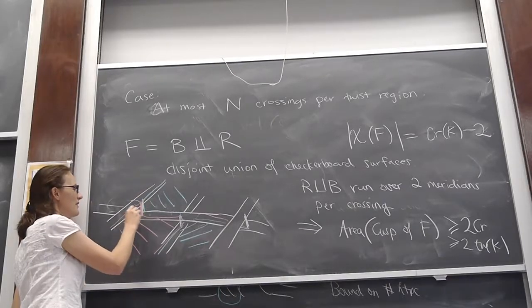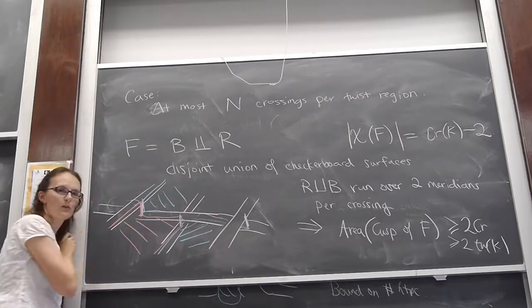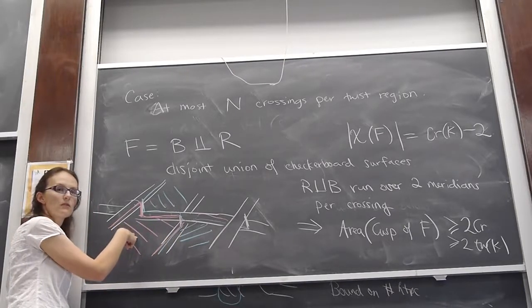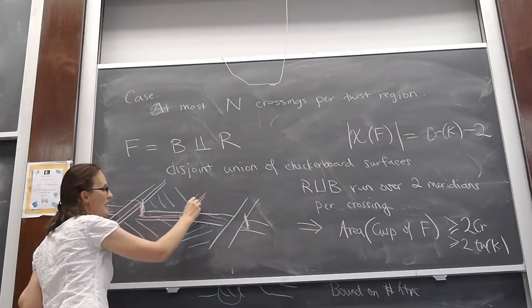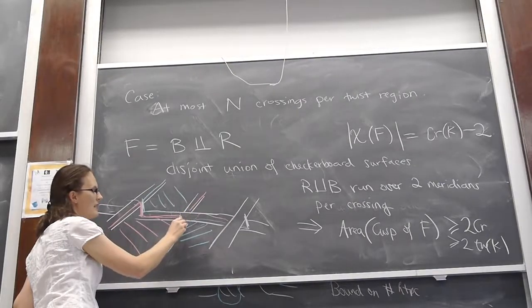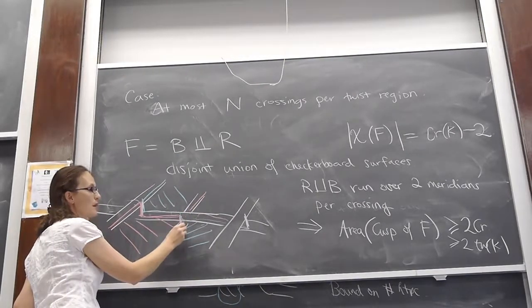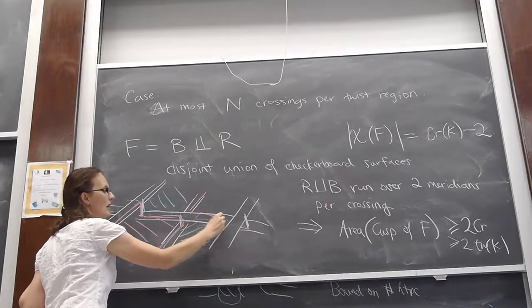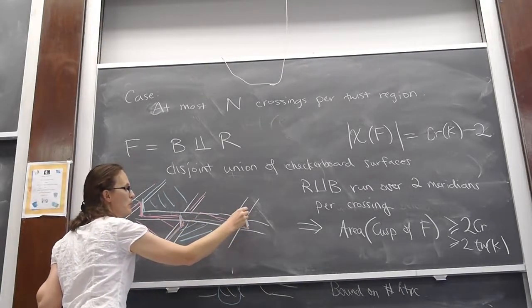The way that you build a checkerboard surface is first you take a disk and you fill in the regions. So there's going to be one over here, and then the red is going to have another one on this side, right? And it's going to meet up here, and it's going to be a twisted disk, and then it's going to go around the back, like so, and connect like so, and then up and around that way.